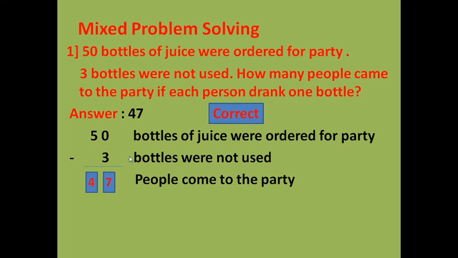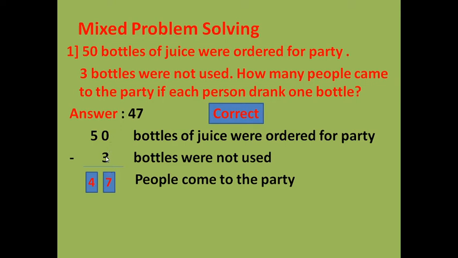First step, I read the question or the problem. Second, I find the information and write it. Third, I decide I will subtract. And fourth, I solve, and like this it is correct.